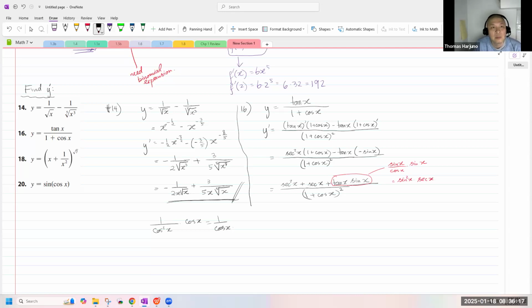So let me say that I don't mind you guys stopping here, but you may want to explore if this is possibly factorized, simplified further. At least we can see that we have common factor secant x, over 1 plus cosine x being squared.